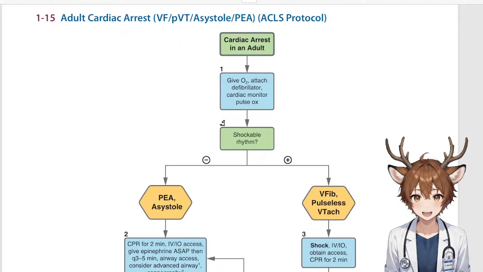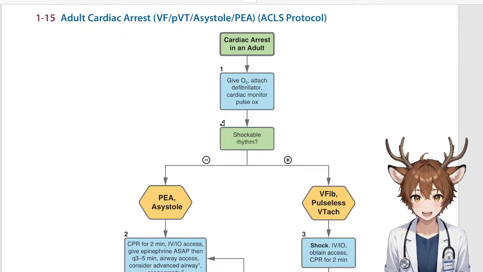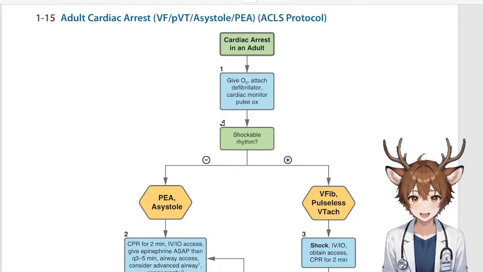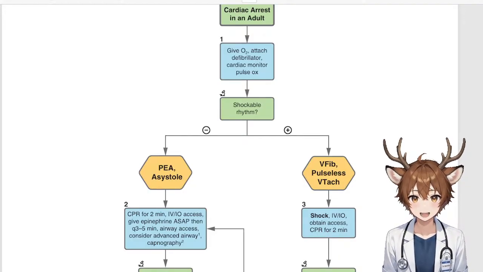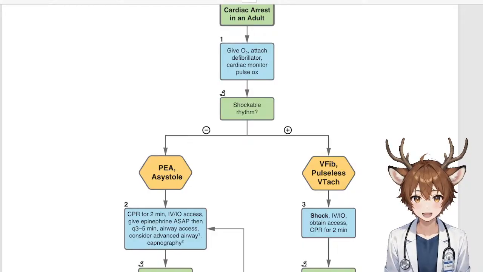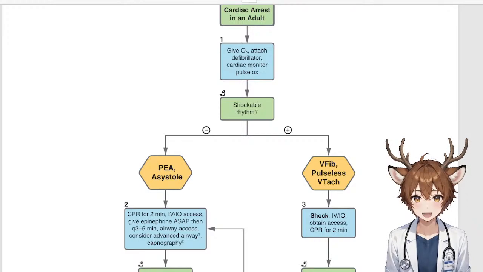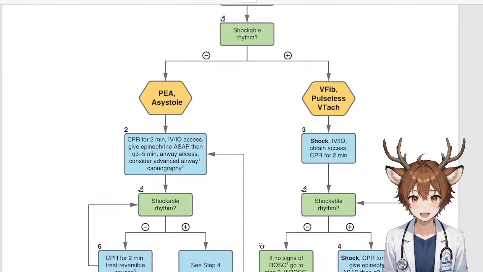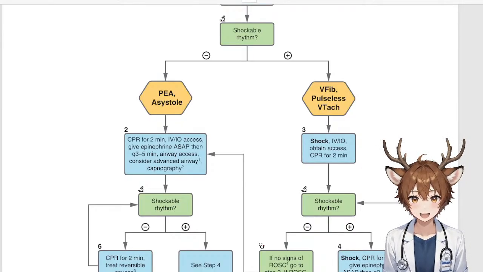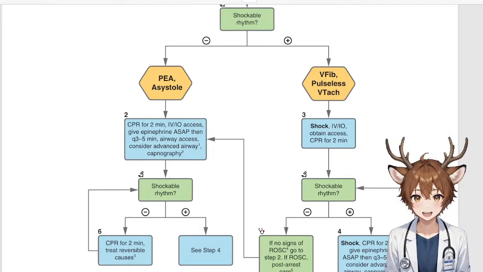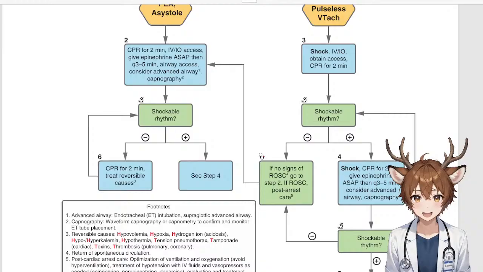What do you do? Give O2, attach defibrillator, cardiac monitor, pulse ox. Shockable rhythm? If it's negative, it's PEA, pulseless electrical activity, or asystole, in which case: CPR for 2 minutes, IV/IO access, give epinephrine ASAP, then every 3 to 5 minutes, airway access, consider advanced airway: endotracheal intubation or supraglottic advanced airway.